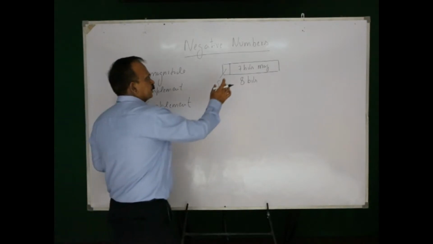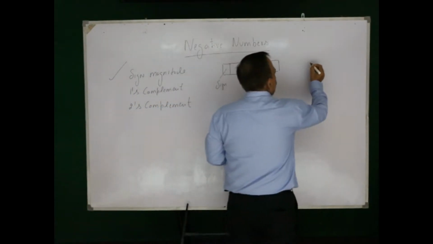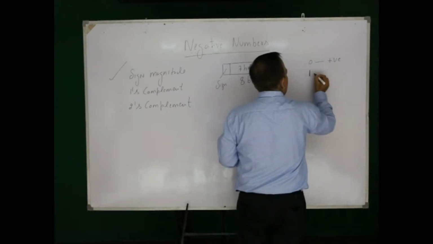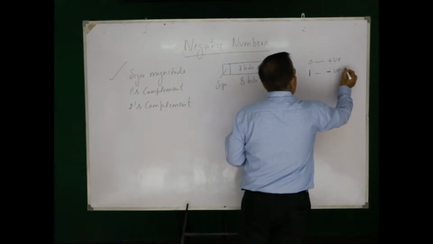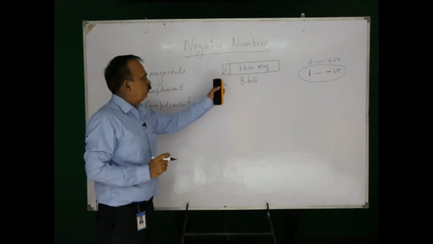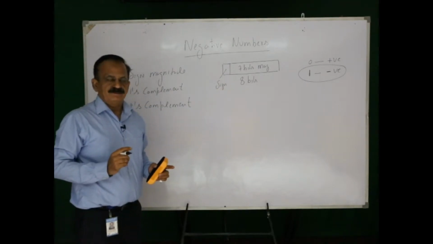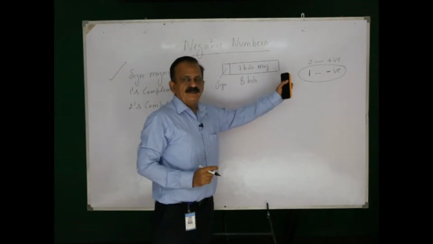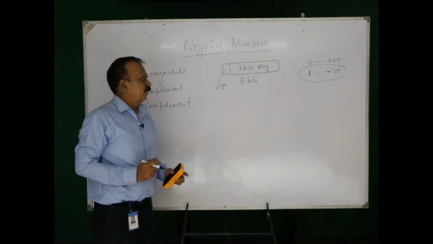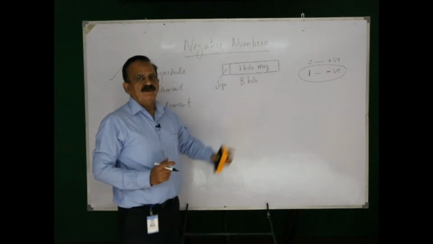Now, 0 represents the number's positive sign and 1 in the sign bit represents the negative number. That means in the sign bit this value will be 1 indicating minus, and the remaining part will be storing the magnitude of the number 15, and that too with the 7 bits.